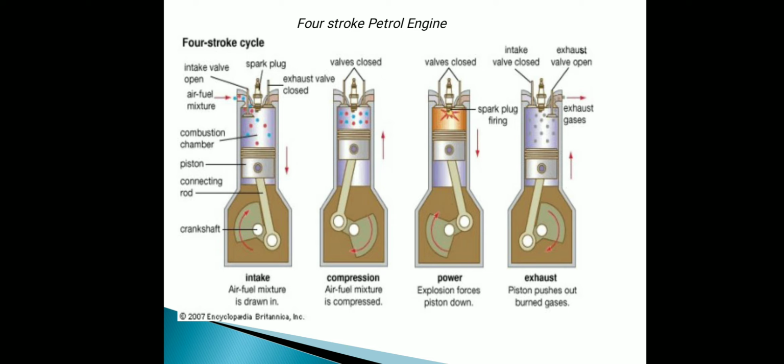After that compression, ignition and combustion take place. Due to combustion, the piston comes down to BDC, and we get power, and the crankshaft is rotated, ultimately producing shaft rotation. After that, in the exhaust process, the piston moves from BDC to TDC and the burned fuel exits through the exhaust valve.